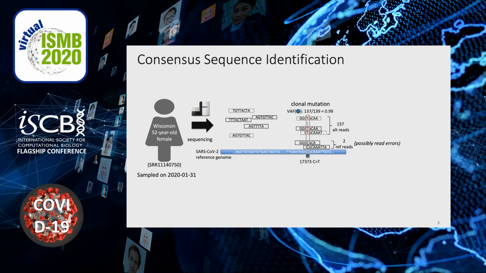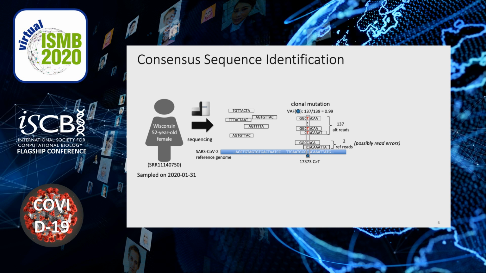So here is an example where 137 out of the 139 reads that map to the location 17373 have a variant allele. And this gives a variant allele frequency of 0.99. Short for variant allele frequency is VAF. And since only two reads match the reference genome, we could also attribute these to possible read errors.